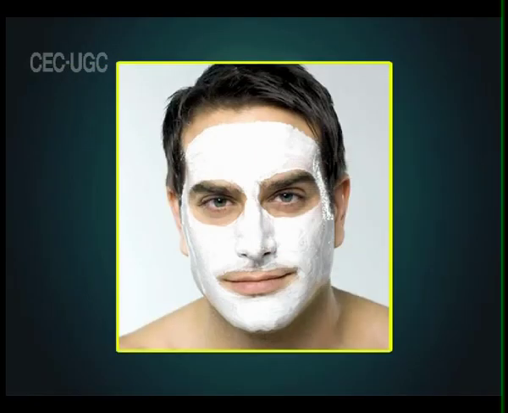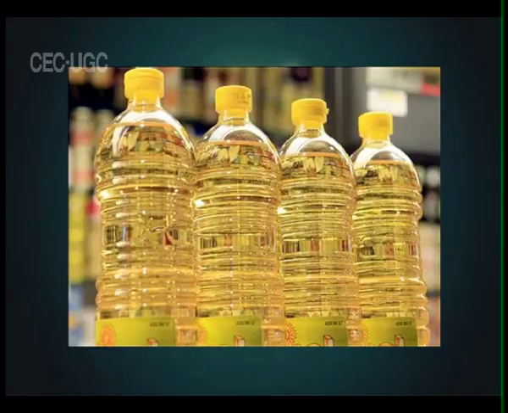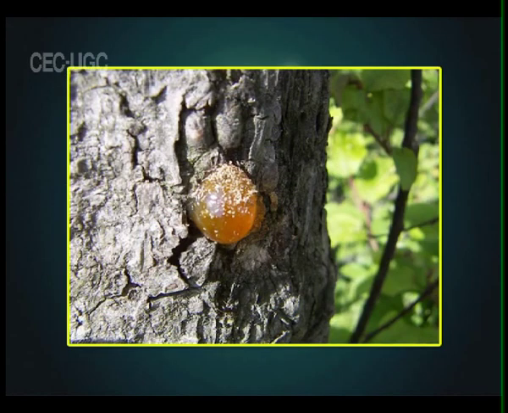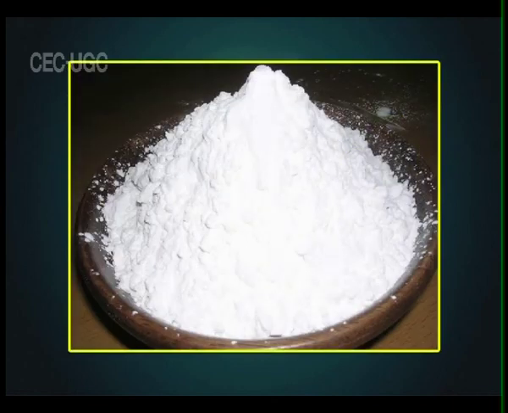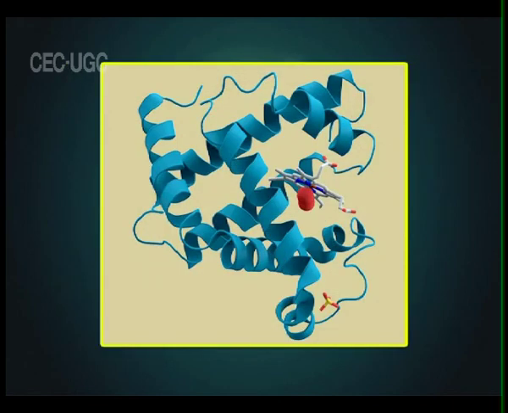Oats have been used in a range of cosmetic products and cleansing agents, including soaps and facial masks. Various dry and wet milling processes have been developed for the separation of oats into a number of fractions, including oil, gum, starch, and protein.